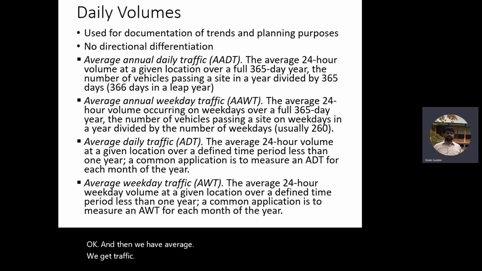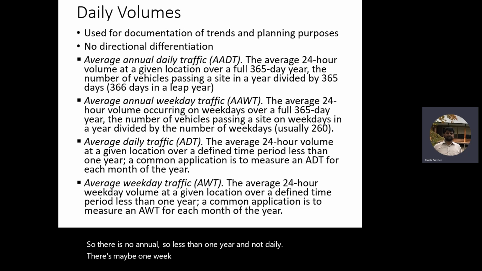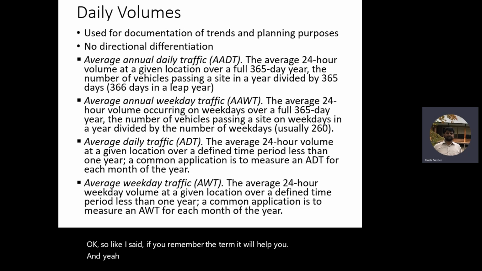So now there is no annual, so less than 1 year, and not daily. There is maybe 1 week, but not 7 days of the week. Yes, the 5 days, the 5 weekdays of the week. Clear? Okay. So like I said, if you remember the term, it will help you.